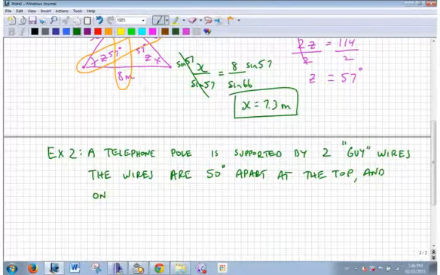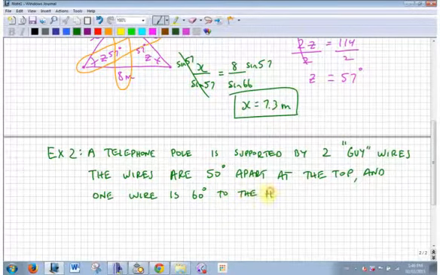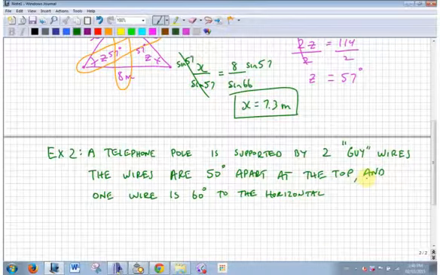And one wire is 60 degrees to the horizontal at the ground.